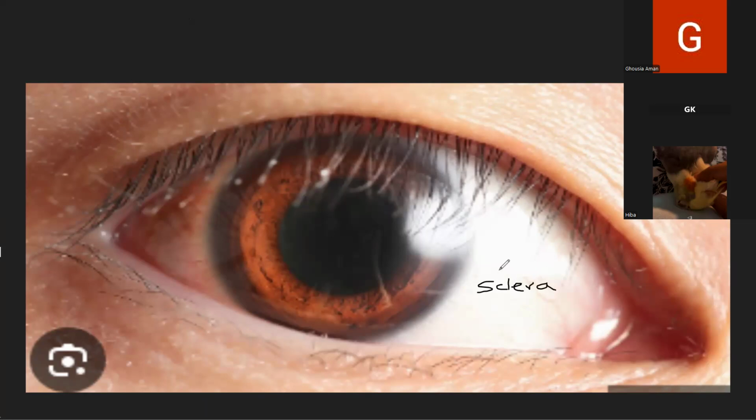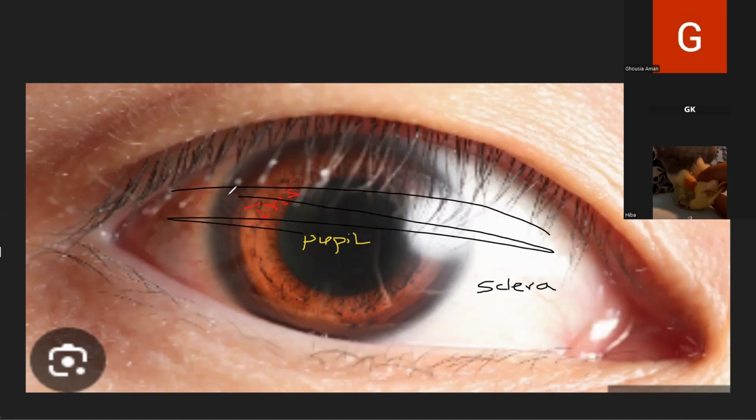This black color is actually a hole. This hole is called pupil. It controls how much light should get inside our eye. And then this brown color ring is the iris muscle, iris. All over the eye, which we cannot see, there is a glassy, transparent layer.